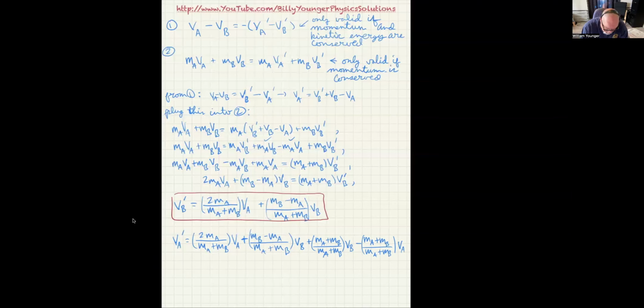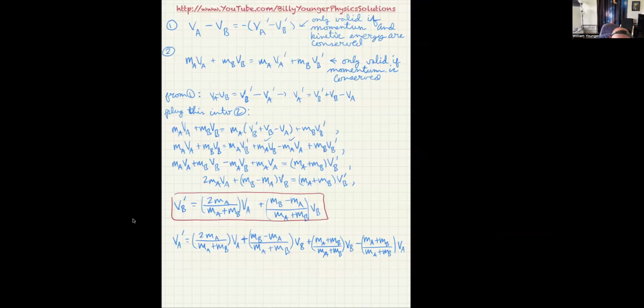Now we've all got common denominators, and we've got a VA term and another VA term that we can combine. We also have a VB term and another VB term we can combine, and that's what I'm going to do.